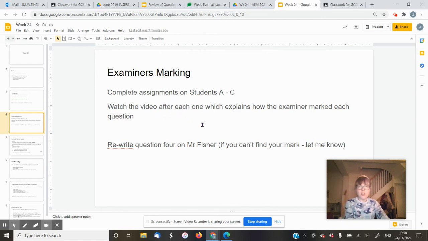So you can do that for student A and then student B and then student C. And then rewrite question 4 on Mr. Fisher.